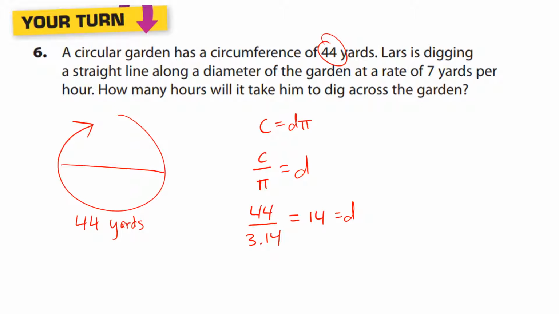So now this is where we'd use the 7 yards per hour. If he has to dig 14 yards and he does 7 yards each hour, that means it's going to take him 2 hours to complete that dig. That's it.